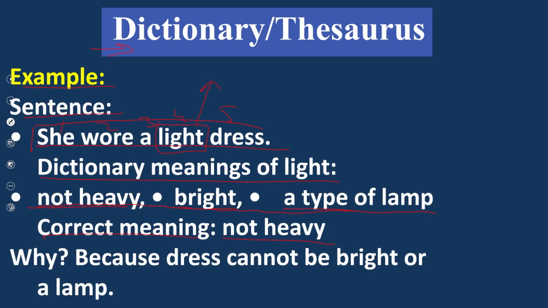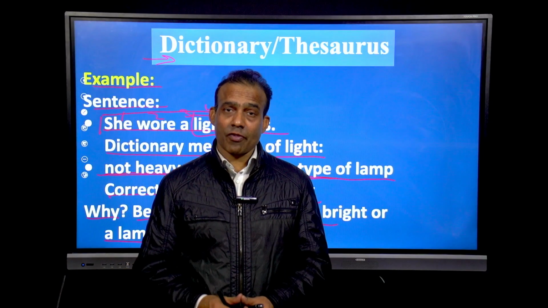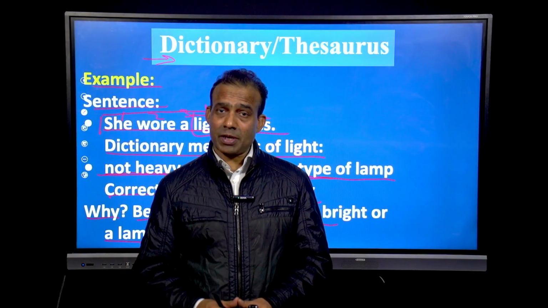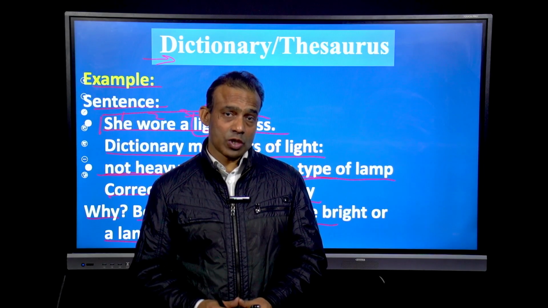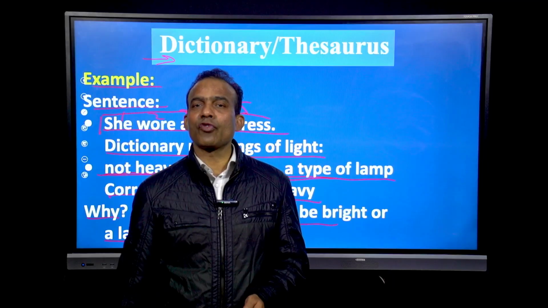A lamp cannot be worn. Why? Because a dress cannot be bright or a lamp. So dear students, this is the proper way to judge the exact meaning of a word if any word is confusing in any sentence. Now move to the next part.